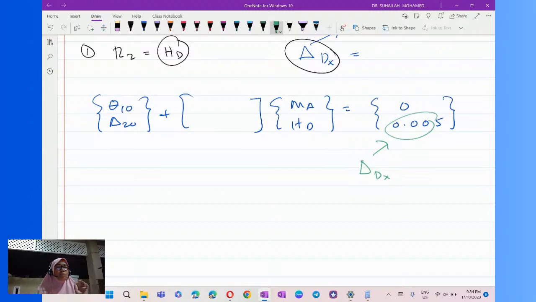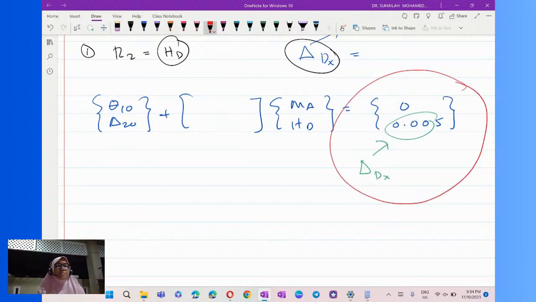Okay, so whenever the support settlement is given in the question, we have to consider that, and we have to put the support displacement in the actual system, actual structure.